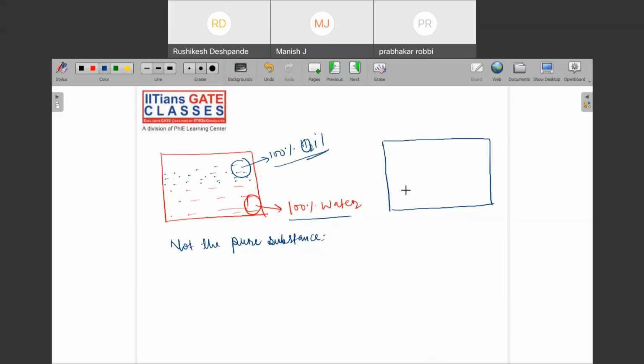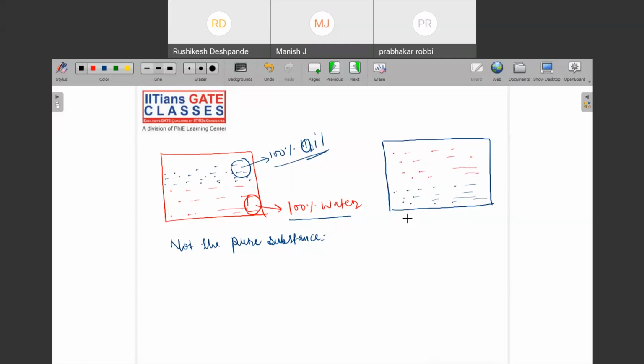Let us say there is some liquid air, like air can get condensed at its own particular temperature and pressure. So there is some liquid air and there is some gaseous air. Okay, so again, this is not a pure substance.